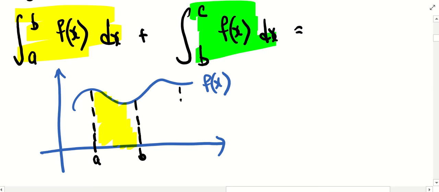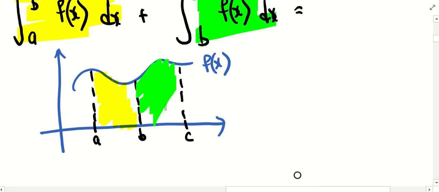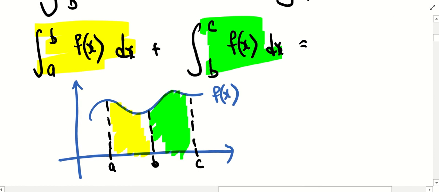I integrate up to C. So I start with B, integrate up to C. So the area will be the one from B to C. But if I want to combine everything together, isn't it easier? What is the lower limit of the overall area? A. What is the overall upper limit of the area?